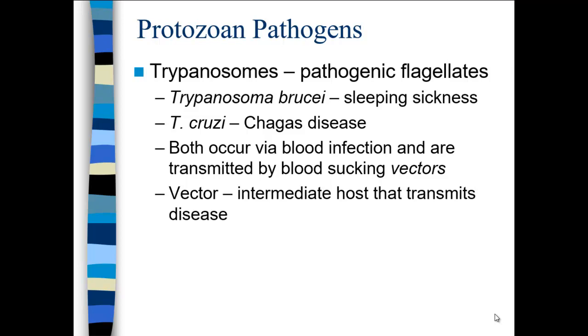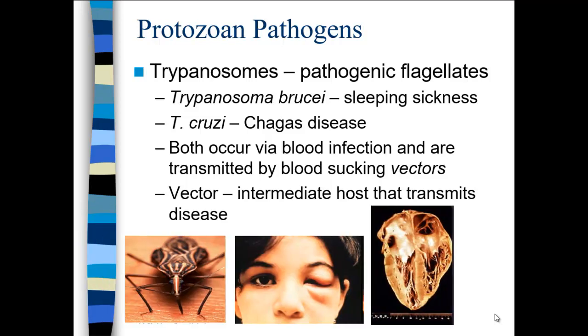These are characterized by a certain level of paralysis because the toxins are paralytic, and these occur through bites from blood-sucking insects, and the insects are vectors. The insects do not get the disease, but they carry the disease, so they will transmit the disease from human to human.